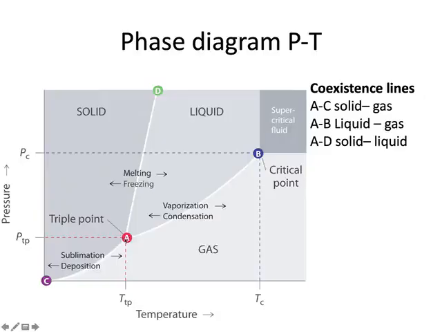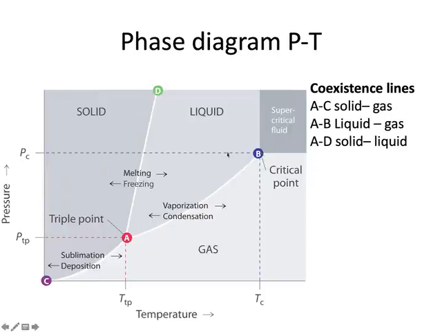It's called the triple point because three lines meet. So all these coexistence lines meet there, and that's a unique point in the phase space of this material. So all substances that have solid, liquid, and gas phases have a triple point. And this point is a unique point. And also the critical point is one single unique point in the phase diagram.